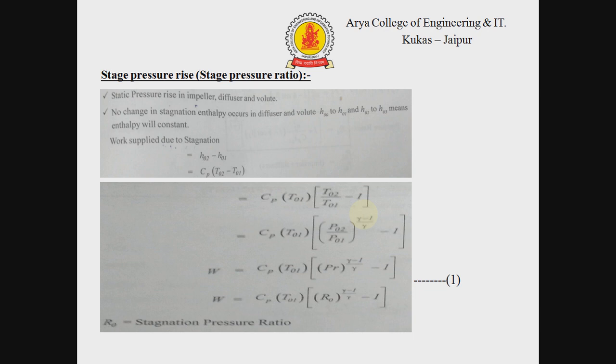No change in stagnation enthalpy occurs in the diffuser and volute, from h02 to h03, so enthalpy will be constant. The work supplied is equal to the change in stagnation enthalpy, that means h02 minus h01, or Cp T02 minus Cp T01. Further, by mathematical manipulation and replacing the temperature by pressure ratio, we can get the value of work transfer, which is shown by equation number 1, where R0 is the stagnation pressure ratio.